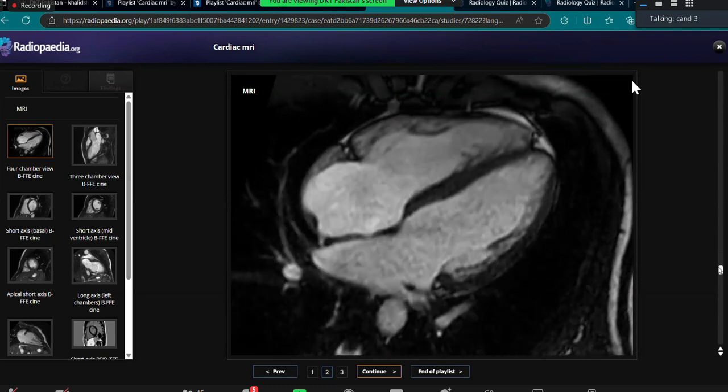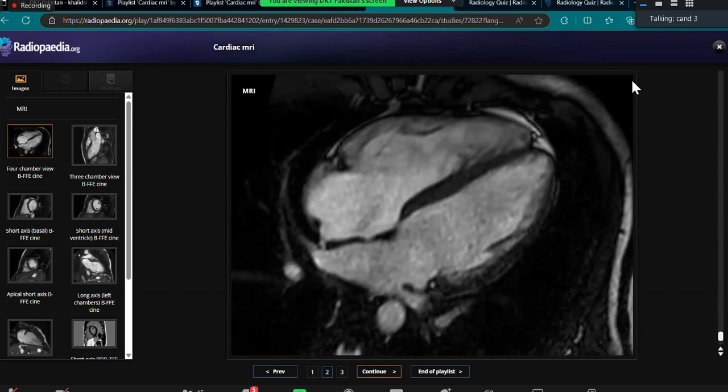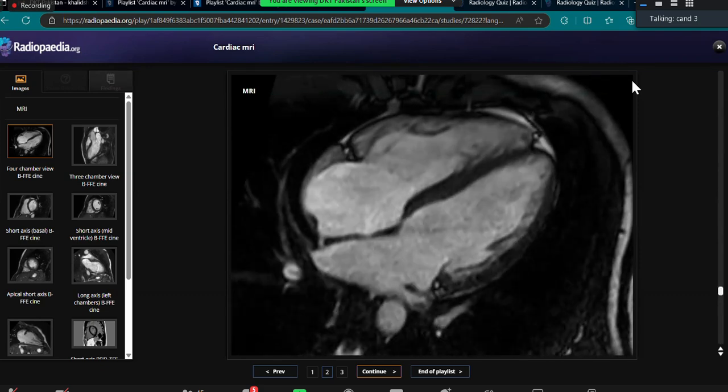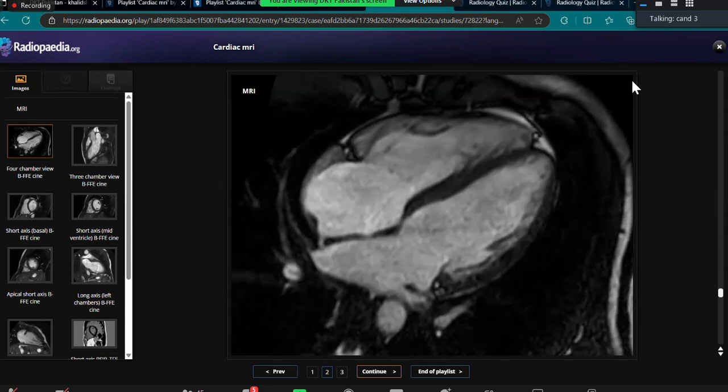Here I can confirm that the size of the right ventricle appears equal or slightly less than the left ventricle. And there is slight straightening of the interventricular septum.